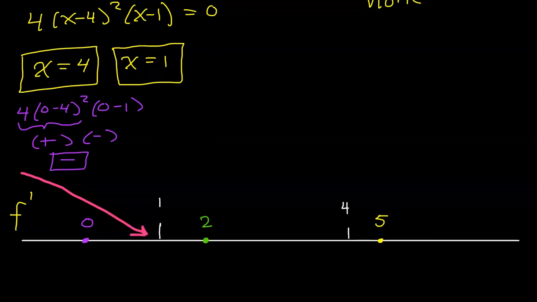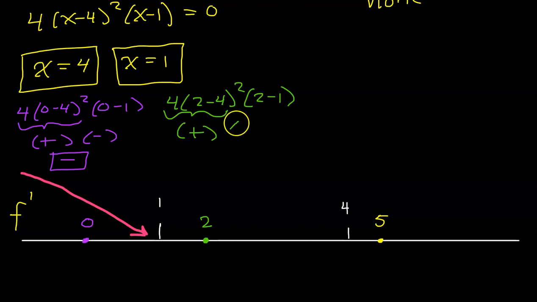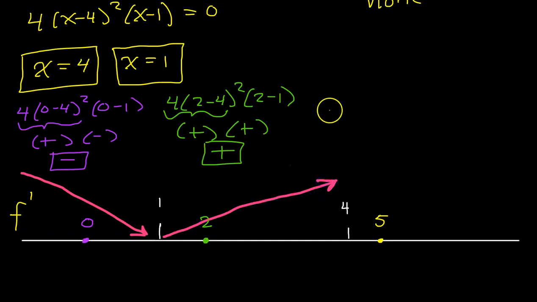Now let's go ahead and evaluate at 2. So we're going to have 4 times 2 minus 4 squared times 2 minus 1. Again, this first portion is automatically going to be positive, but 2 minus 1 is also positive, so we have an overall positive value. That tells us that the function is increasing during this interval. Now let's do the 5.